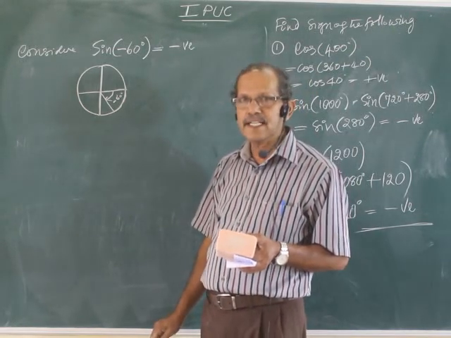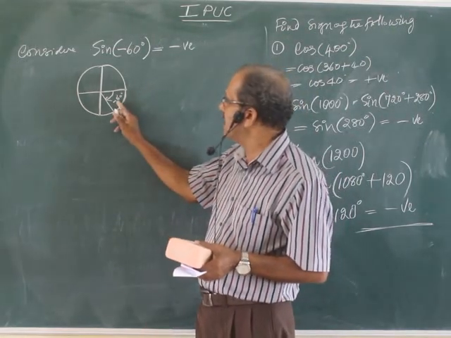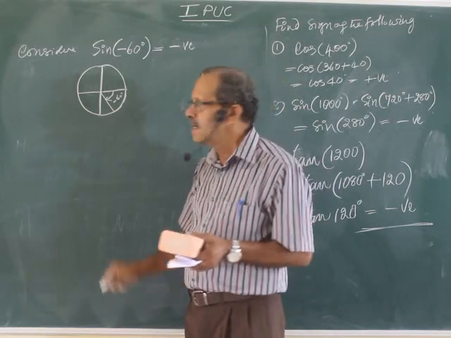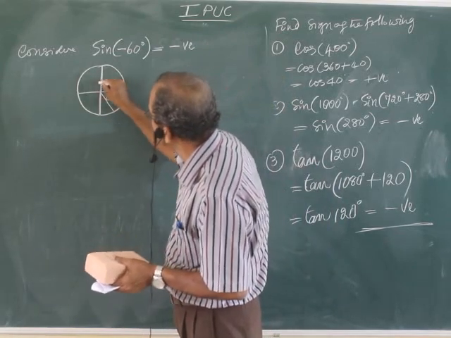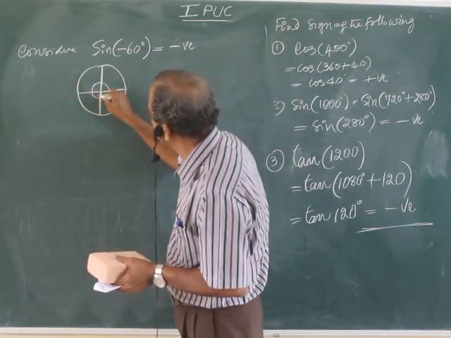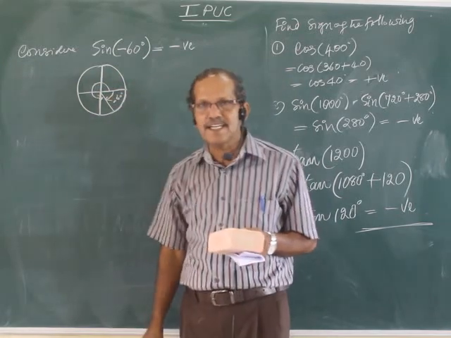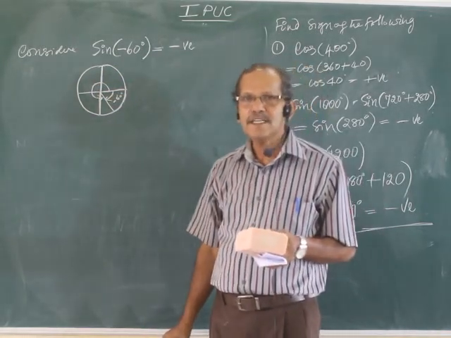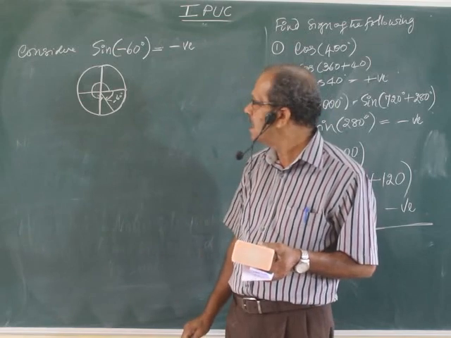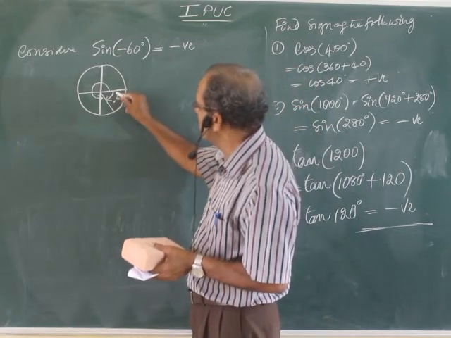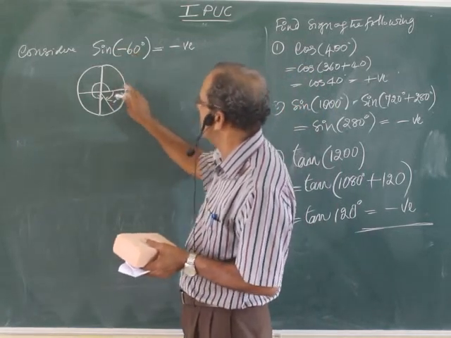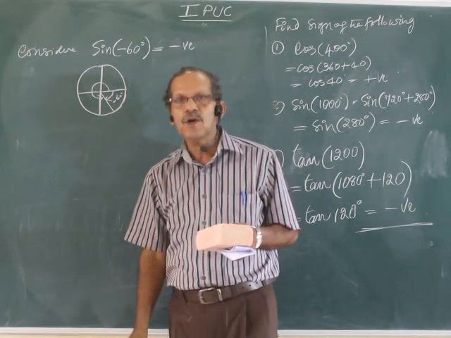Another very interesting thing is, this minus 60 is exactly equal to this angle, see. If you see the same angle from the positive side, it is how much? 300 degree. Is it clear? This angle is minus 60. In the reverse direction you have to go 60 degree.